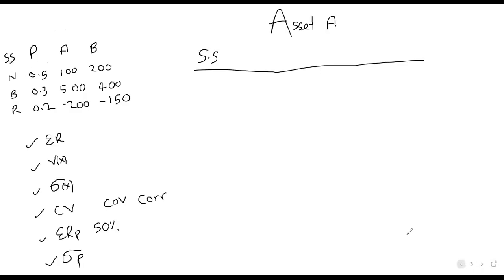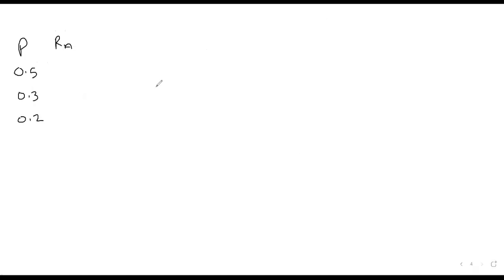So we have probabilities 0.5, 0.3, and 0.2. Then we're given as return on asset A, what did we have? 100, 500, and negative 200.